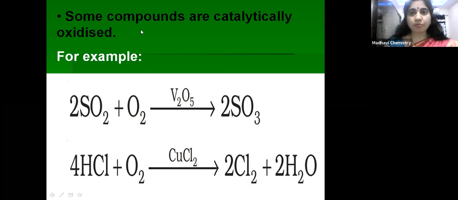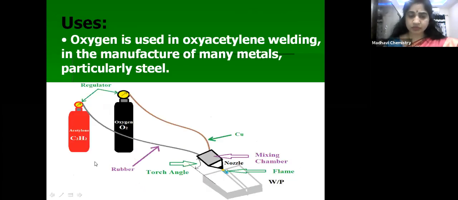Some compounds are catalytically oxidized, which means they require a catalyst to combine with oxygen. In the first case vanadium pentoxide is used as a catalyst, and in the second case copper chloride is used as a catalyst. So these are the reactions of oxygen with metals, non-metals, and with some compounds.